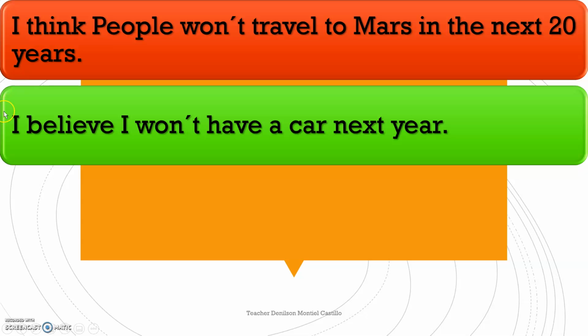Okay, after that, we have I believe I won't have a car next year. I would work as a subject. In this case, I'm using believe instead of think. I is the object. Won't after the object. Have is the verb. And in this case, a car next year is the complement or the rest of the sentence.